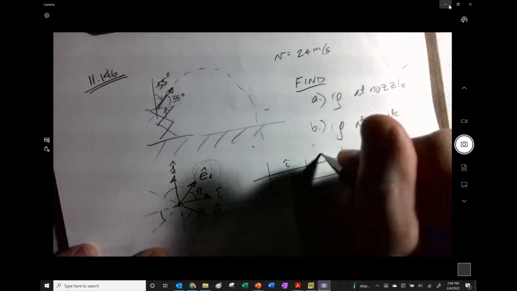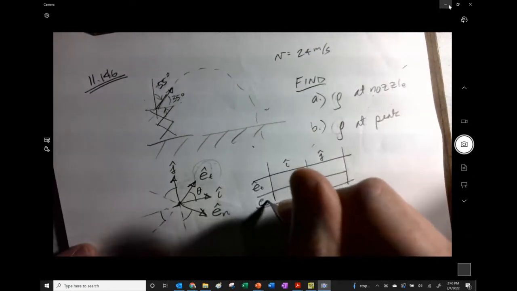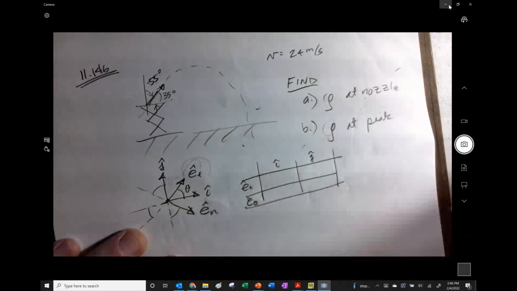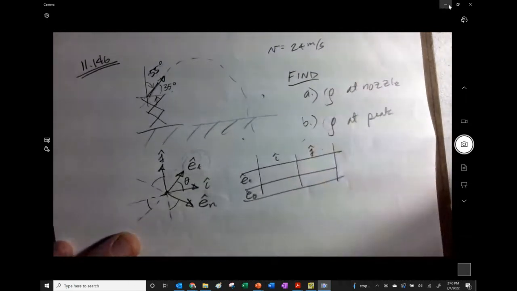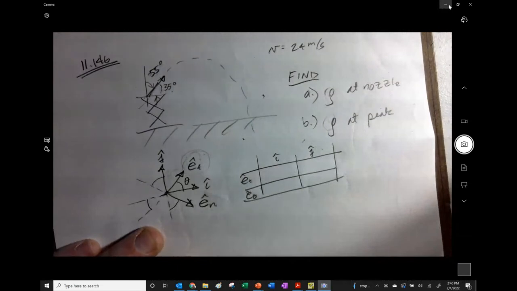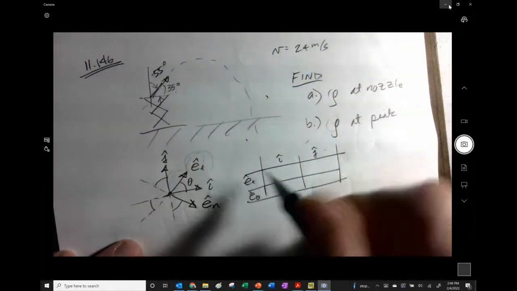So here's my I and J and E tangent and E theta. And by the way, this is going to seem like overkill, but it is working through and practicing our coordinate transformation. We could do it in one step, but let's go ahead and use the tools we have available.